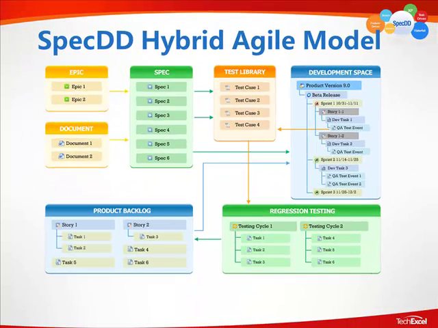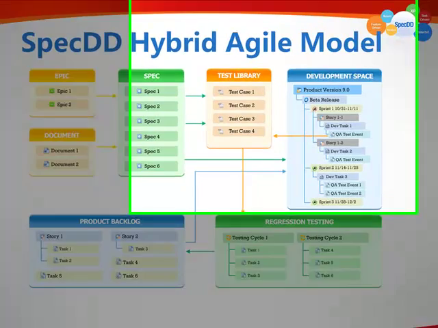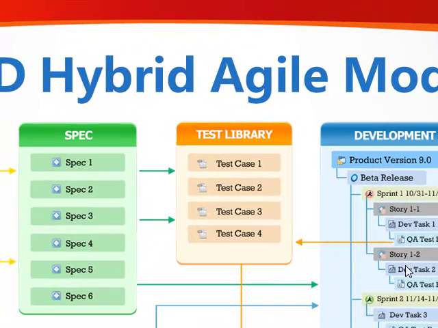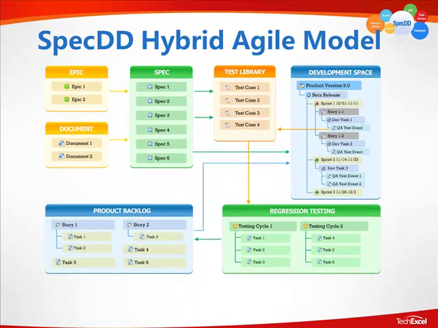This is separate from the QA team that mostly lives in the test library space. The QA floaters are working off of those development tasks to test on the fly and very quickly the items that the developer has created. The QA floaters help internally to test within the development space.